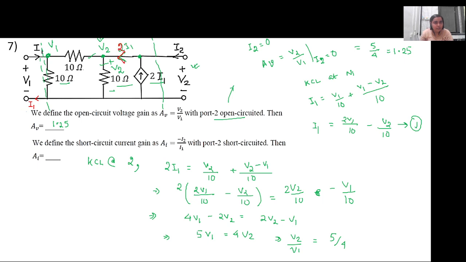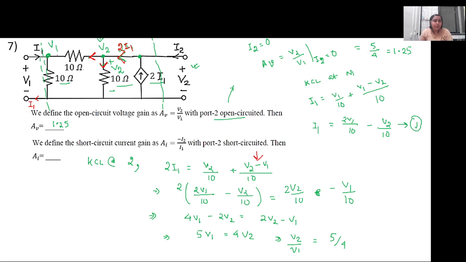Yes. So this 2I1 must circulate through this 10 ohm resistance and this current source. Some part will come through here and some part will come through here. So, ma'am, then there will be some current here also in the 10 ohm resistance between V1 and V2. Yes, there definitely will be current. Since I1 current is entering at the input port, it must leave from the input port also.